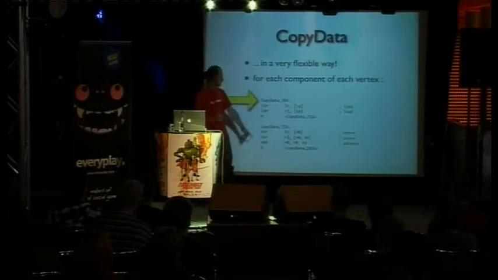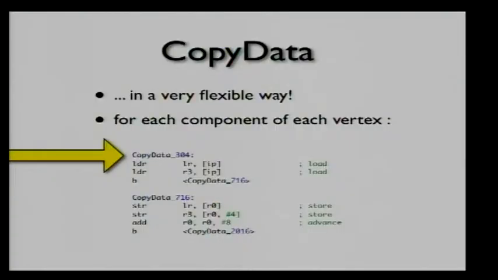IP on the ARM is an intermediate pointer, so it points to my data. And R0 in this case is the stream buffer, the command buffer address.